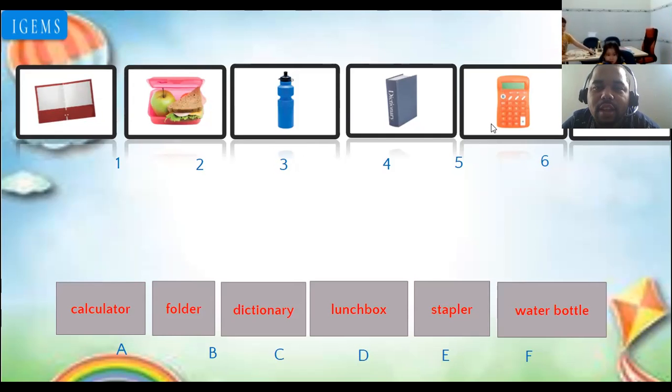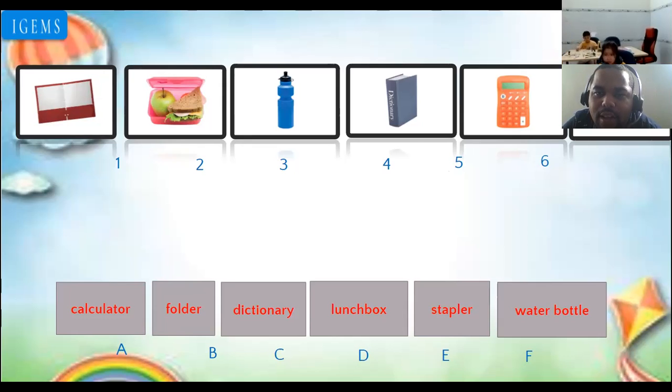One. Okay, let me see which number matches with letter A, calculator. Which one is this? Or which one was that?